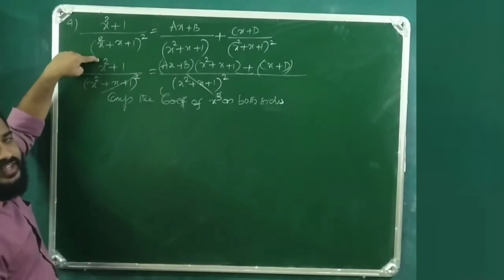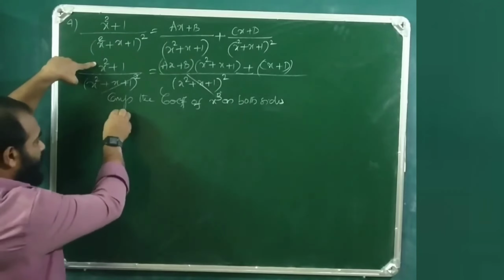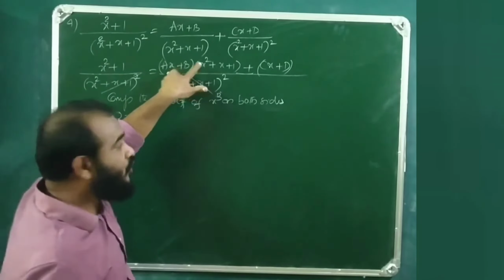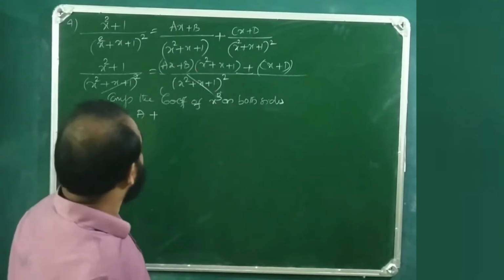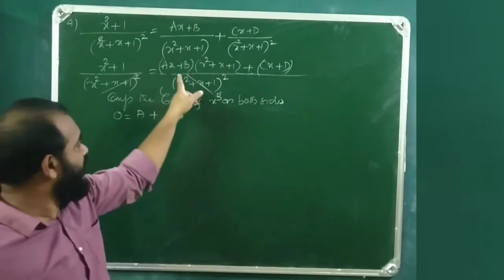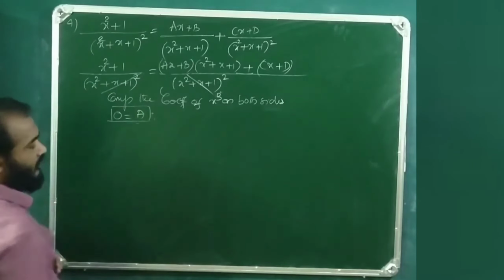Here we don't have any x cube in the LHS, therefore x cube coefficient is 0 here. So ax into x square, x cube coefficient is a, and we don't have any x cube other than this a, therefore a is equal to 0, directly we get.